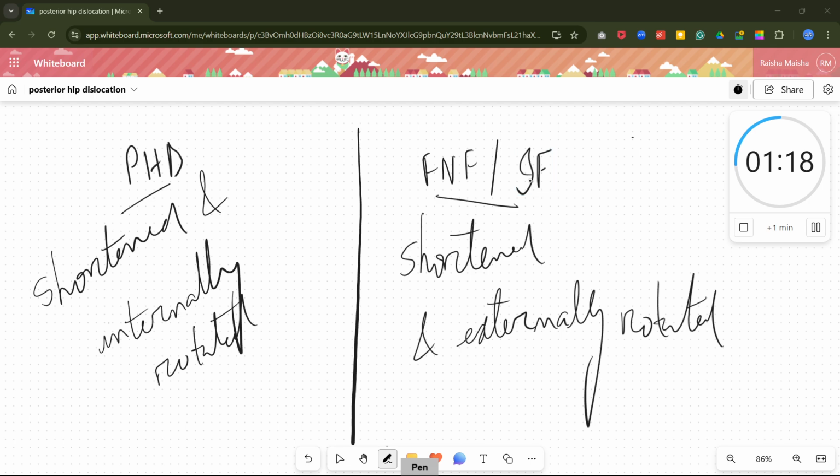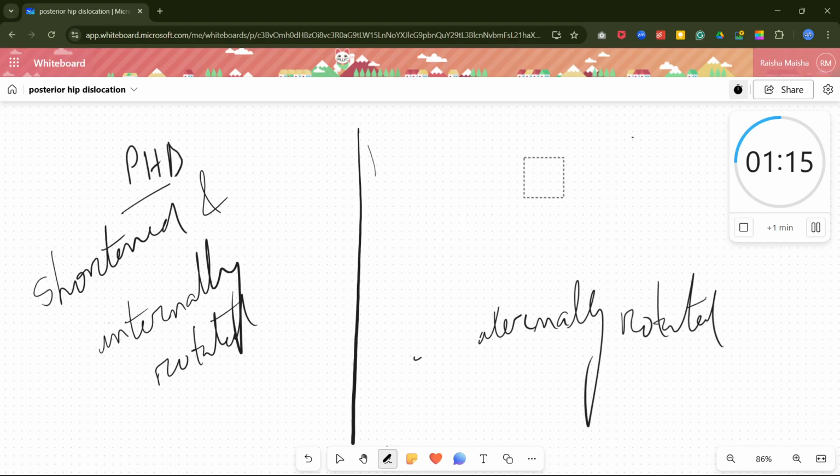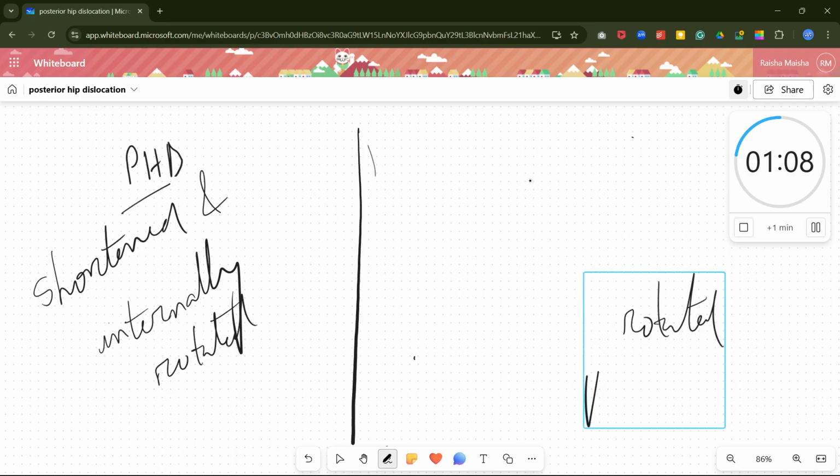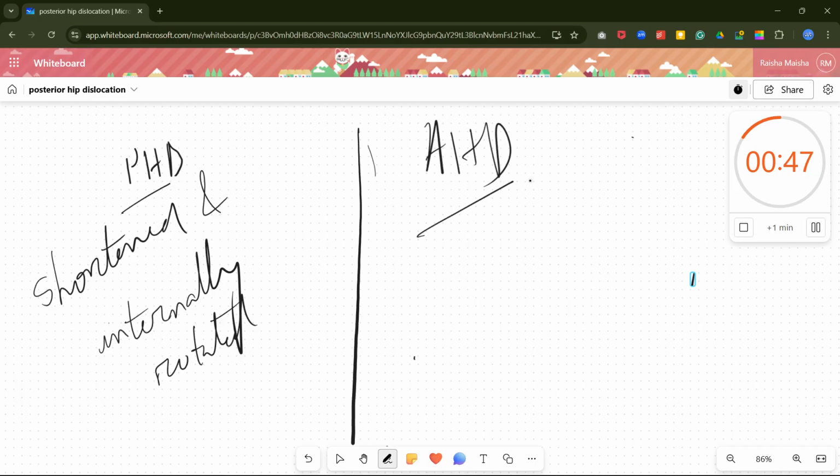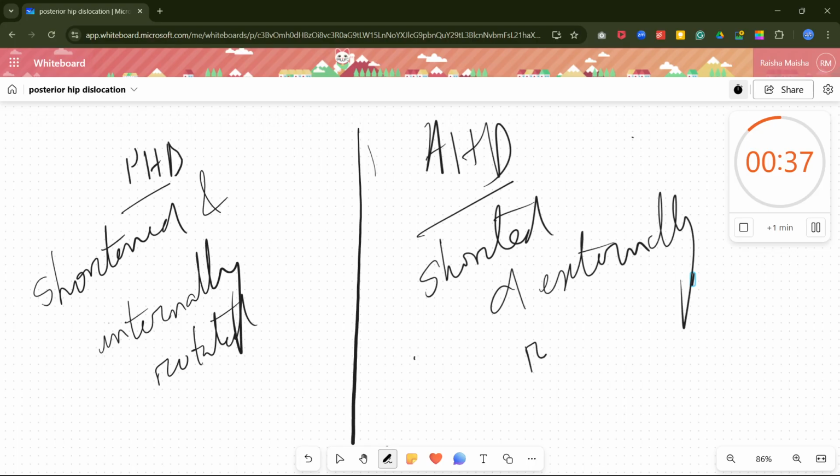In anterior hip dislocation there is shortening and external rotation, but posterior hip dislocation is shortened and internally rotated. There is one difference.